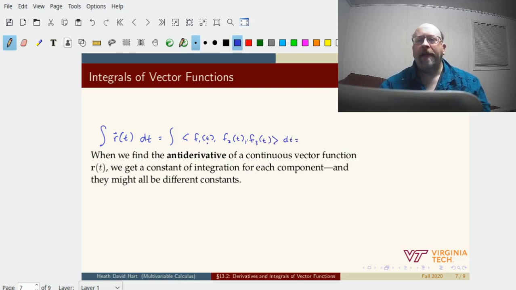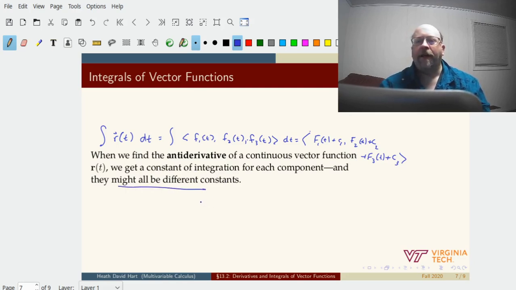Well, when we take the antiderivative of this function, we get some antiderivative capital F1 plus C, and then we get some antiderivative of this function plus C, and an antiderivative of this function plus C, except these are all different C values. We get a constant of integration for each component, and they might all be different.